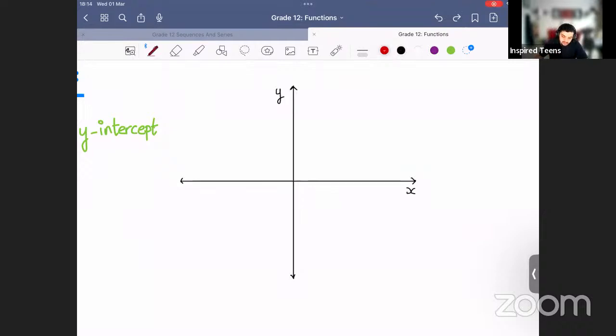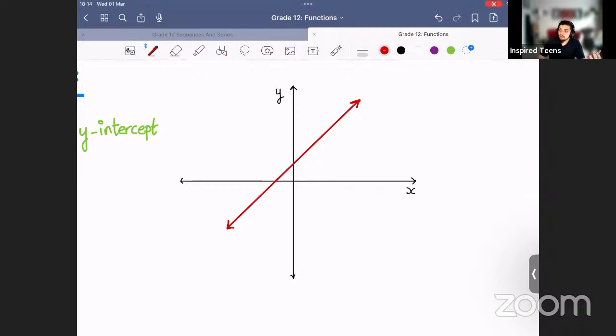Now, we can have any function, okay? A function is created when we plot coordinates on a graph, when we have an input and an output. So basically, let's look at a straight line function. As the word says, it is a straight line. Surprise, surprise. Here, the point of the graph which touches the y-axis, that is what we call the y-intercept.